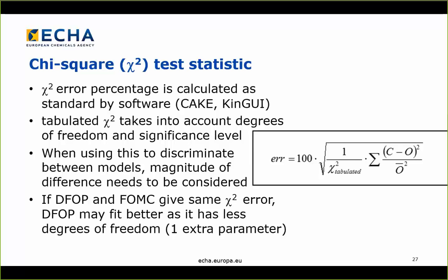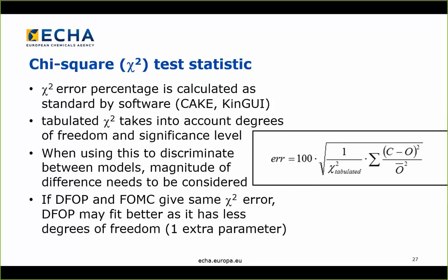We're normally looking at a 5% significance level, and the degrees of freedom here is simply calculated as the number of data points minus the number of fitted parameters. So when we went through those information boxes earlier, and I said SFO has 2 parameters, FOMC has 3, and DFOP and hockey stick have 4, that has an implication because it determines the number of degrees of freedom in the chi-squared statistic.